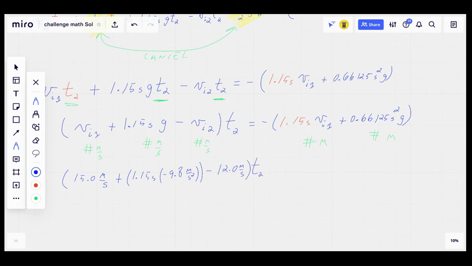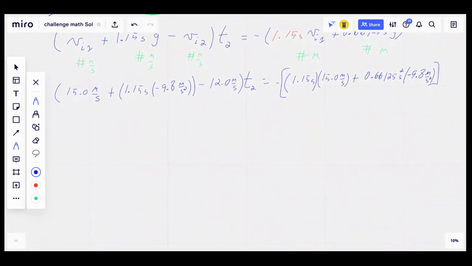All right, equals negative 1.15 seconds times 15 meters per second plus 0.66125 seconds squared multiplied by negative 9.8 meters per second squared.